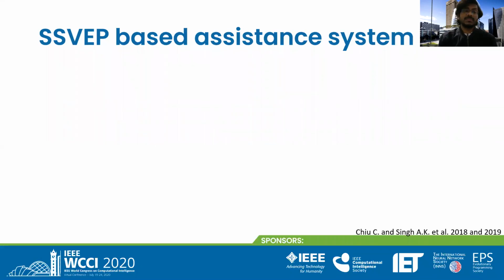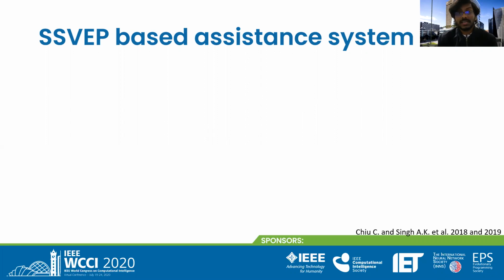So let me give you one nice example of a BCI system which I worked on in the past. It's called an SSVEP-based assistance system. Basically, it is developed for disabled people who have limited mobility to control a computer to have different kinds of assistance for them.